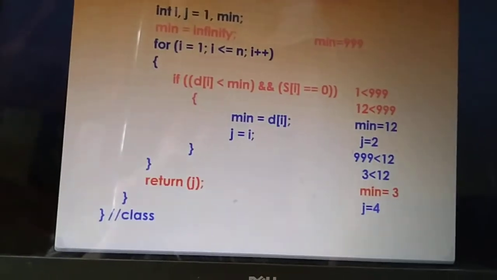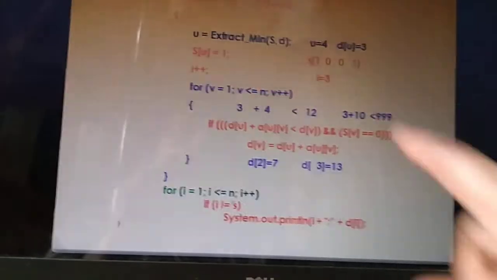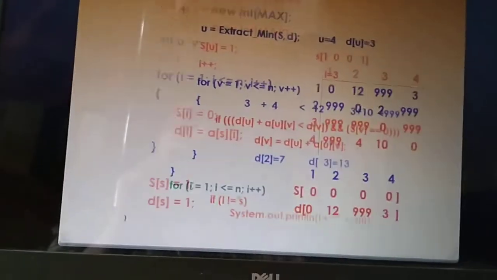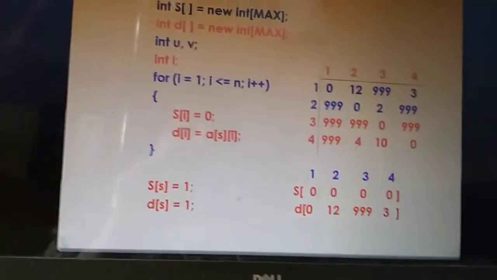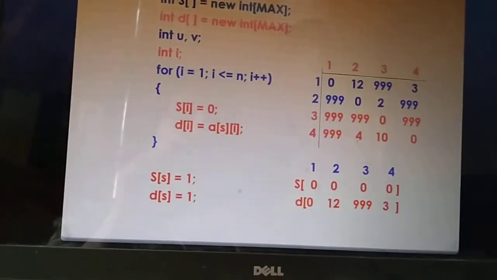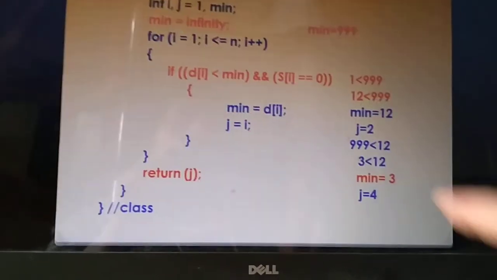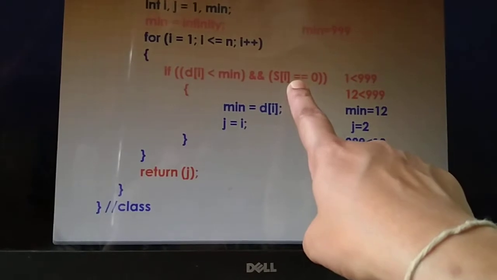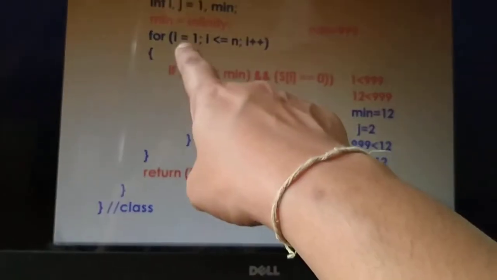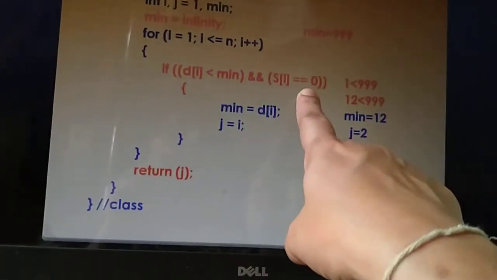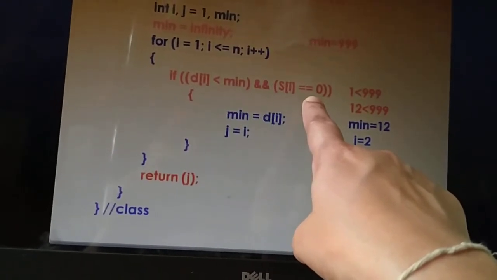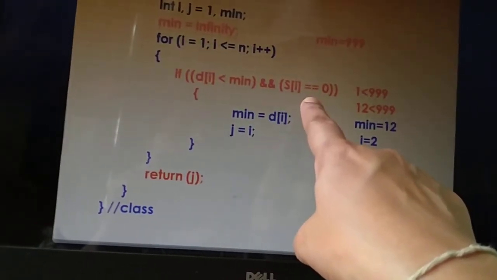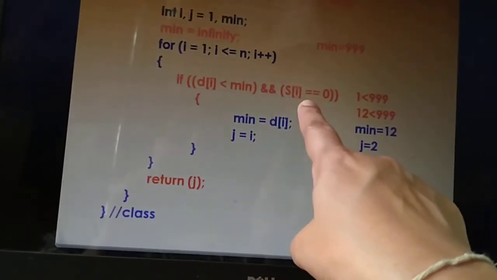It is 1 because initially we have taken this as a visited vertex. We have done S of 1 equal to 1, which means the source vertex is made a visited vertex. Therefore, for i equal to 1, this condition will become false because it is a visited vertex, not an unvisited vertex.